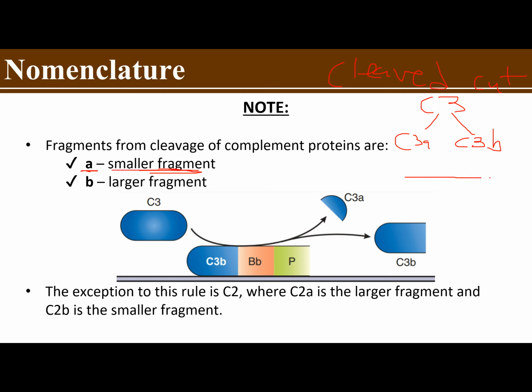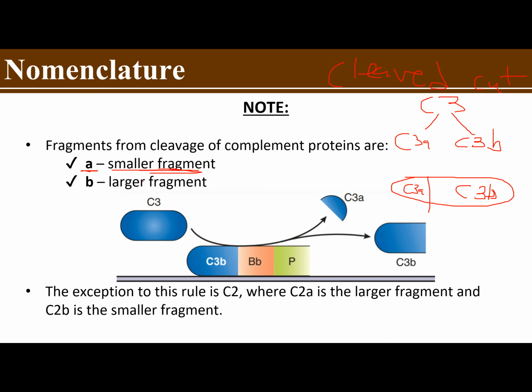So imagine this would be your C3. If you try to cleave it, the smaller fragment would be the letter a, while the larger fragment would be the letter b. So I hope that was clear.